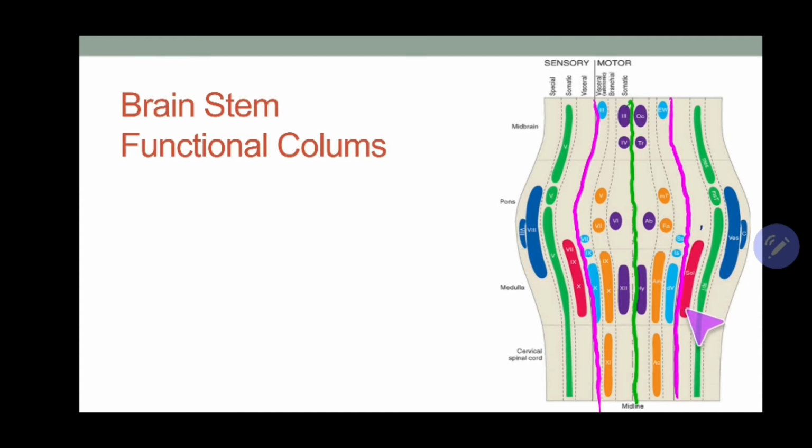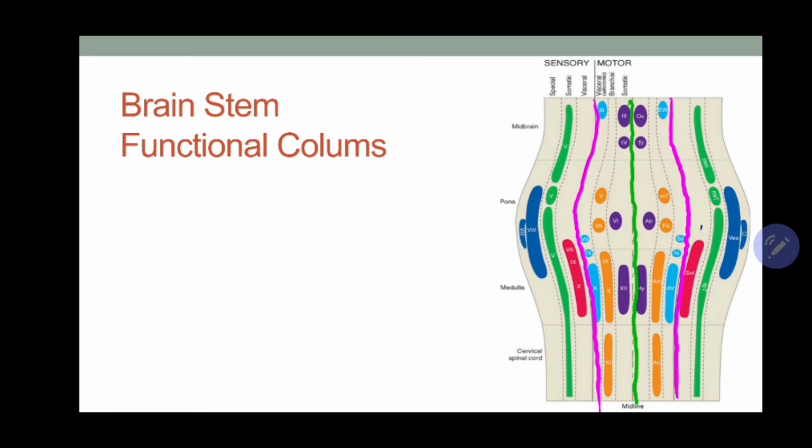The two merge together and form a single nucleus in this longitudinal functional column, the only nucleus called the nucleus tractus solitarius. Then lateral to that is the general somatic afferent, which is the trigeminal nucleus, and lateral most is the special somatic afferent, which includes vestibular and cochlear.